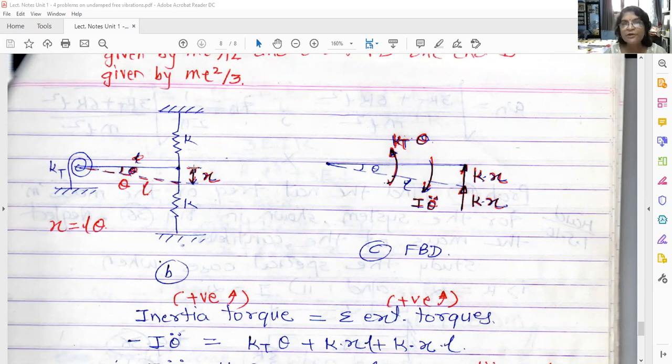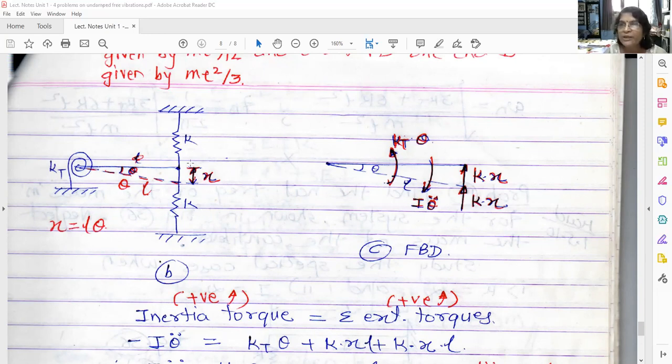And we have to assume the displacement of the spring. Both springs have the same stiffness K. So this spring will deflect by X amount and this spring will also deflect by X amount. Remember, there is no X1 and X2. Even if you write X1 and X2, the amount will be the same.